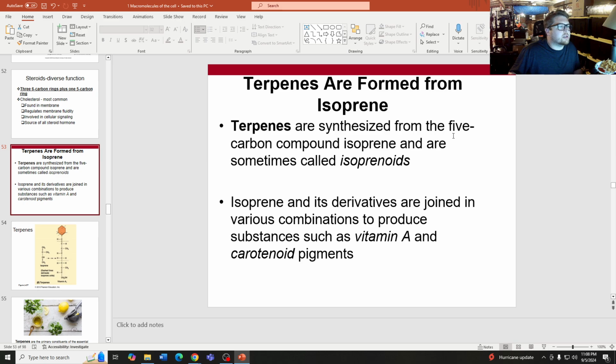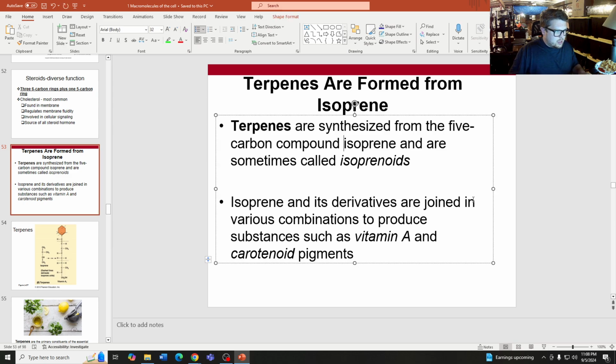Terpenes are synthesized from the 5-carbon compound isoprene and are sometimes called isoprenoids. Word association: you want to associate these words together so that if you see them on a test, you can connect the dots. Don't worry about knowing what all of these things are. Just associate them together.